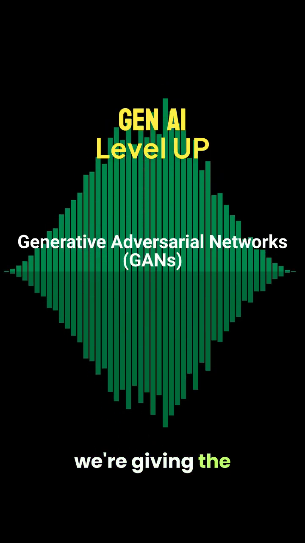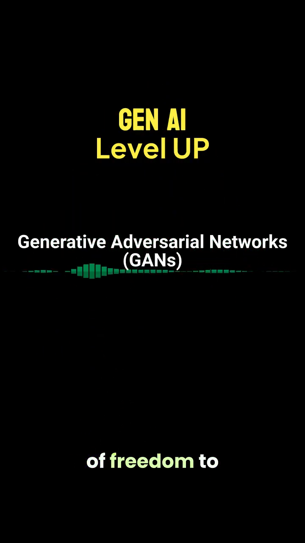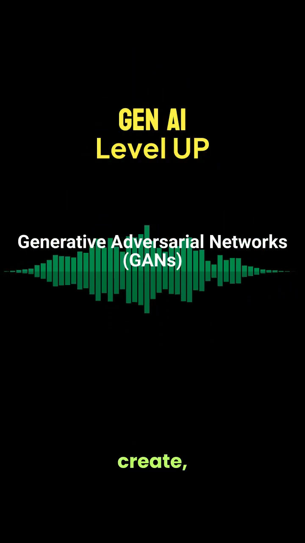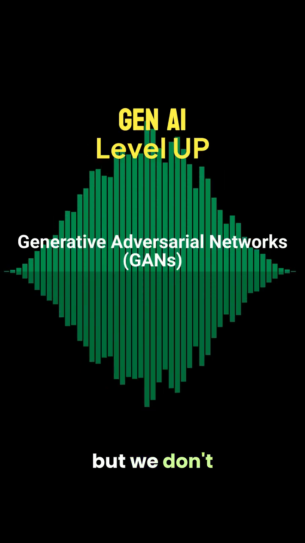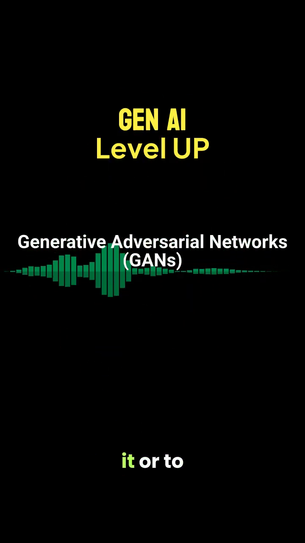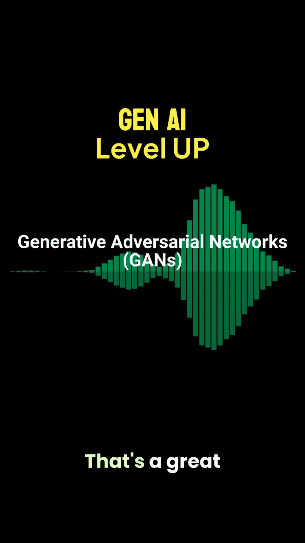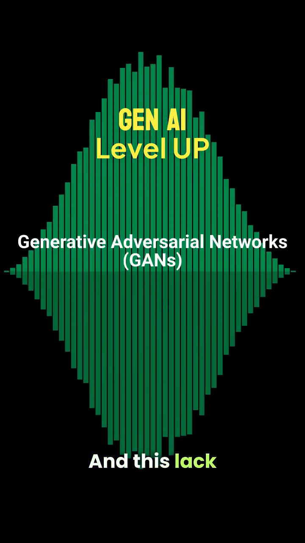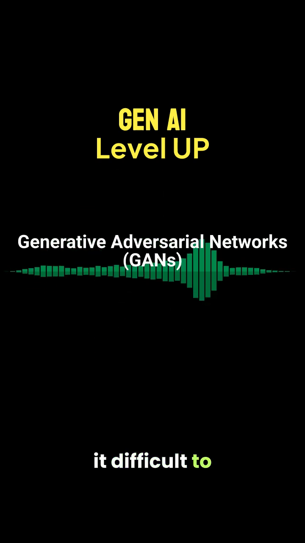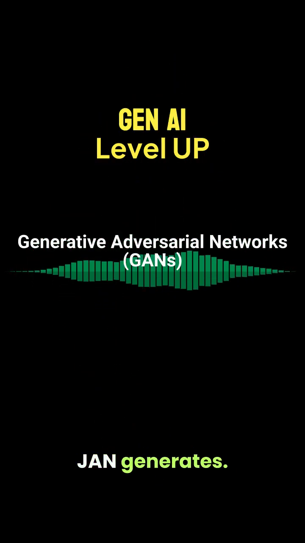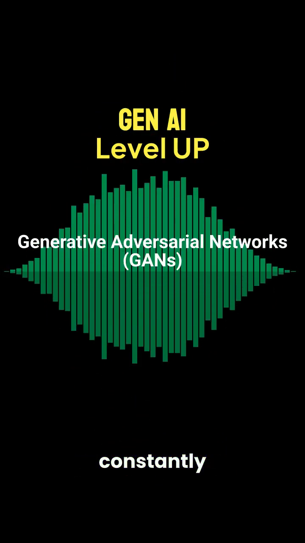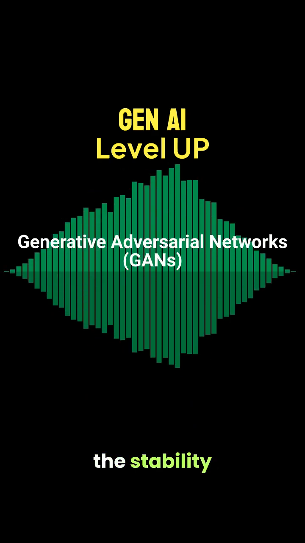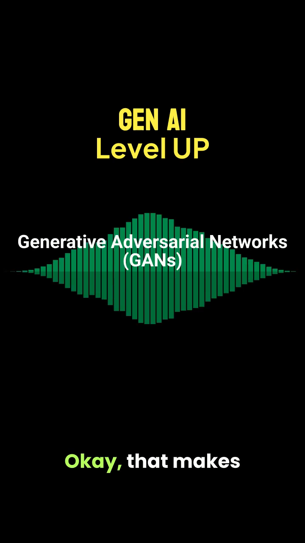So it's like we're giving the AI a lot of freedom to explore and create, but we don't have a clear map to guide it or to fully understand what it's doing. That's a great analogy. And this lack of a clear map can make it difficult to control what the GAN generates, which is why researchers are constantly working on new techniques to improve the stability and the controllability of GANs.